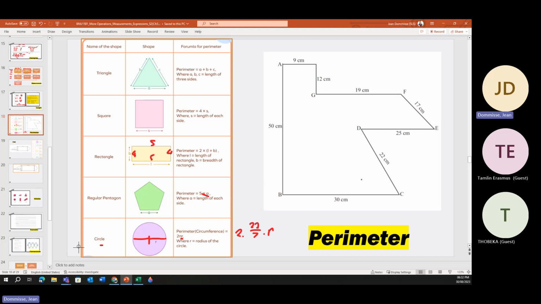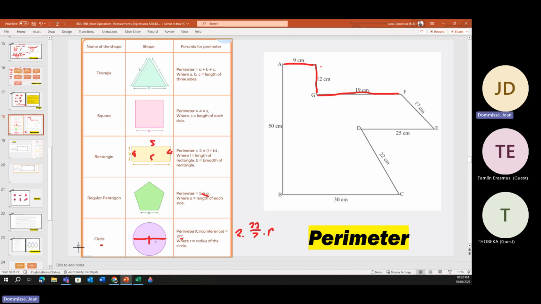So I thought, okay, let's throw in a weird one. But just to make it clear again with perimeter, all that we need to do is add all the sides. So we're going to say 9 plus 12 plus 19.